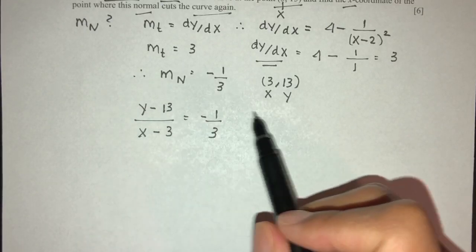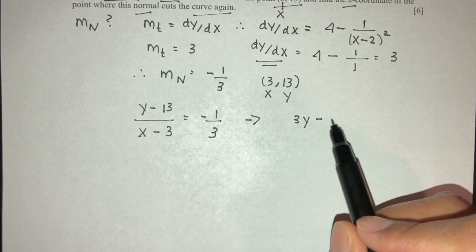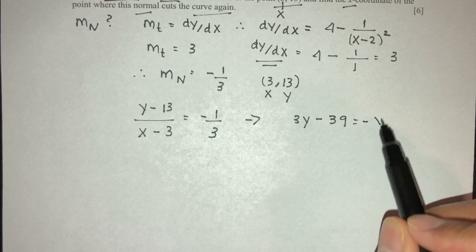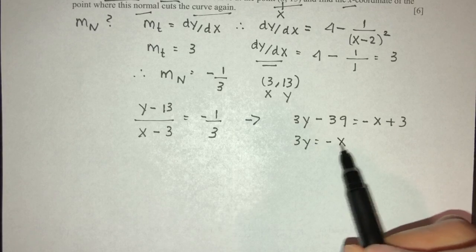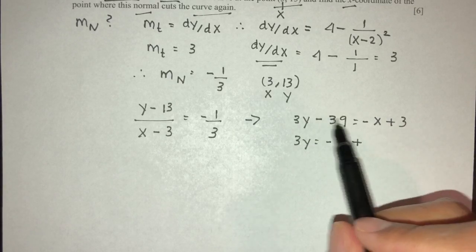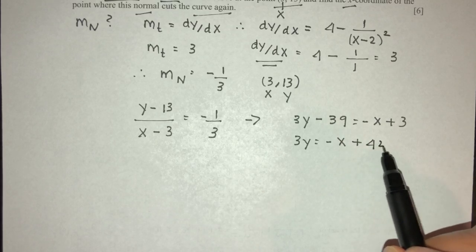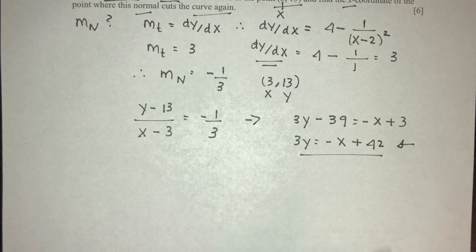Next step is to cross multiply. So you will have 3y minus 39 equal to minus x plus 3. So 3y equal to minus x plus, we send this one over here, that will become 3 plus 39, that will be 42. So that is the equation of your normal.